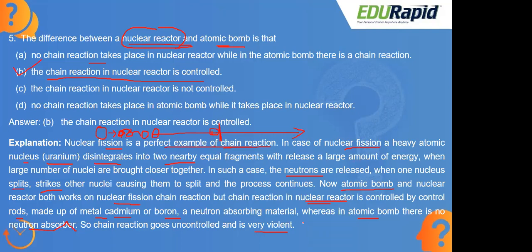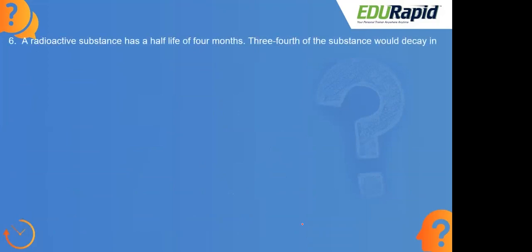Okay, moving to the next question now. A radioactive substance has a half-life of 4 months. Three-fourths of the substance would decay in: 3 months, 4 months, 8 months, or 12 months?